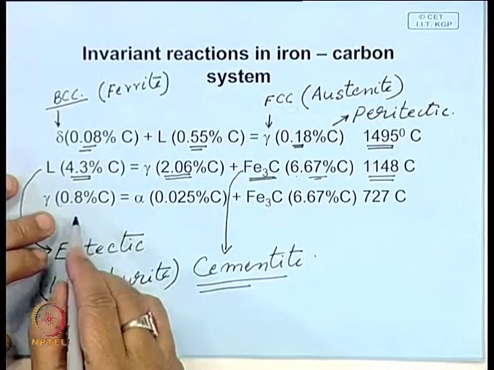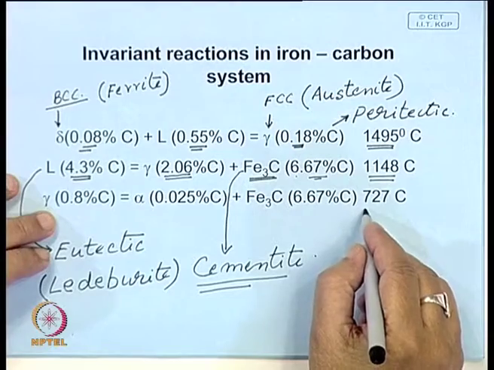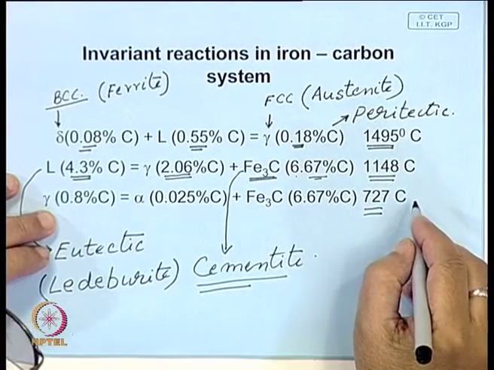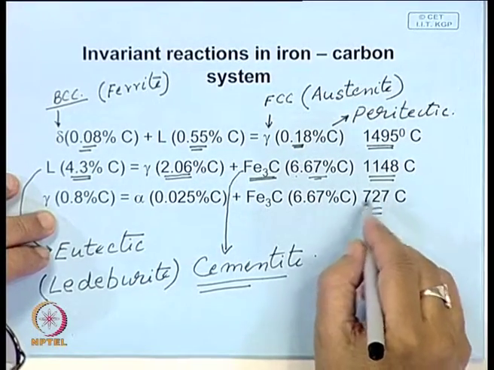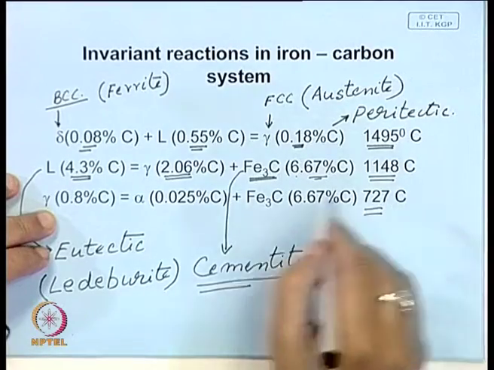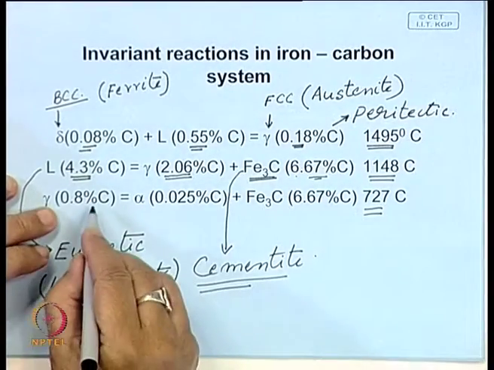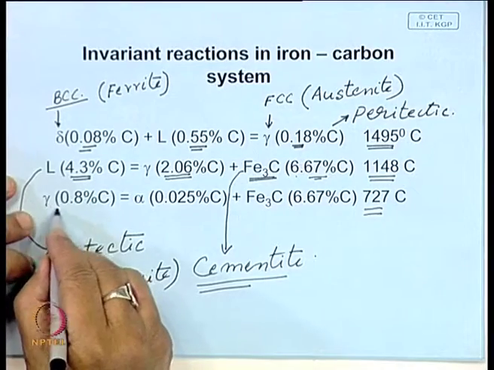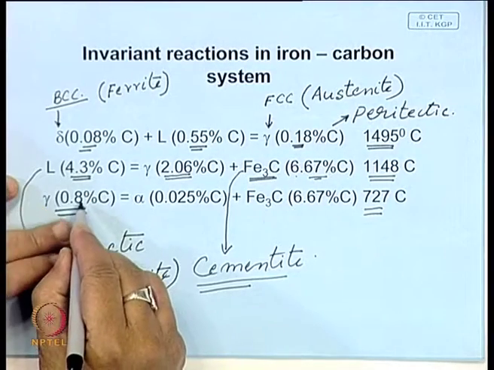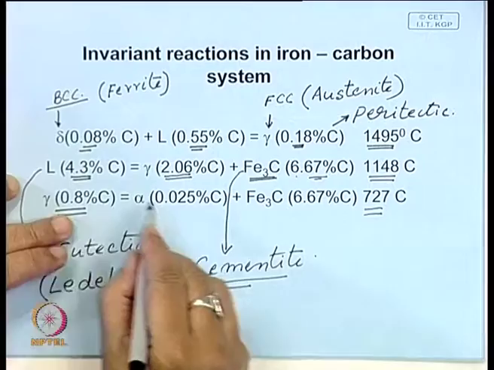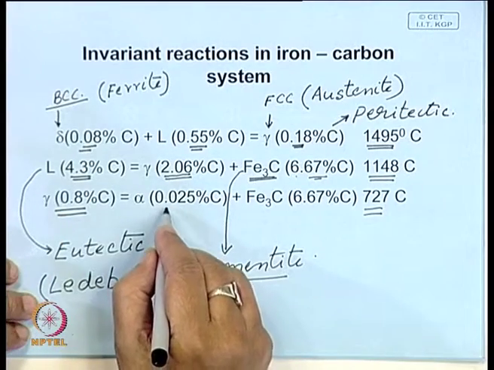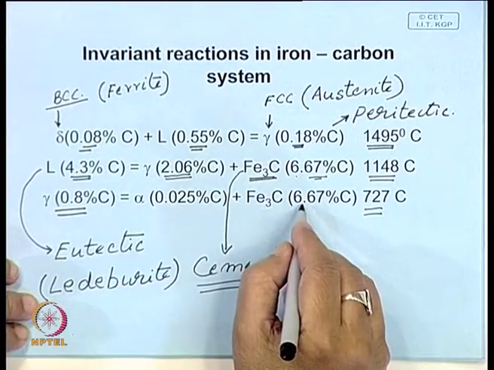And the third reaction takes place around 723 or 727 degrees, a fixed temperature. Here austenite of a definite composition, that is 0.8% carbon, breaks down into a mixture of ferrite and cementite.